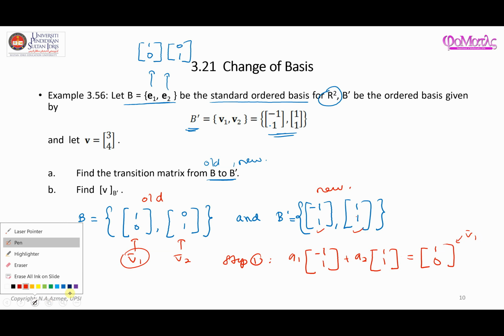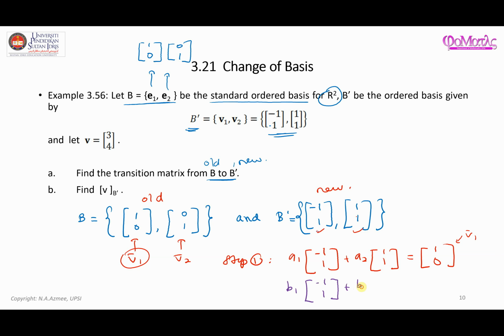The next step is b1 times negative 1, 1 plus b2 times 1, 1 from this must equal the second vector from the old basis, so 0, 1. Again this is a little note: this is vector 2 from the old basis. Once we have that, I'm going to label these equation 1 and equation 2.